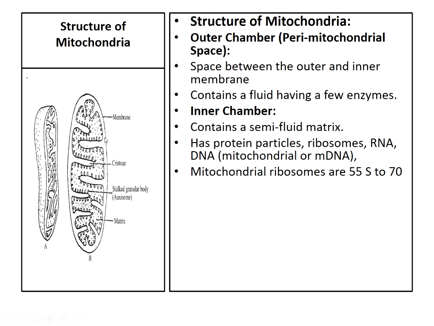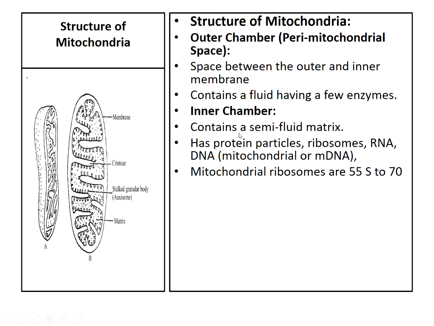In between the outer and inner membrane, what we see is called the outer chamber or perimitochondrial chamber, and it is 60 to 100 angstrom wide. It extends into the spaces of the cristae. The chamber contains fluid having a few enzymes.